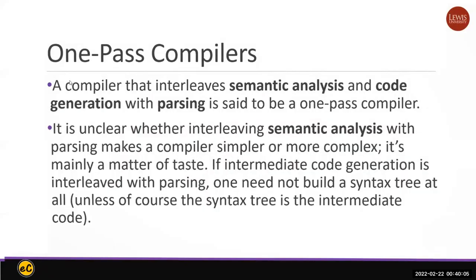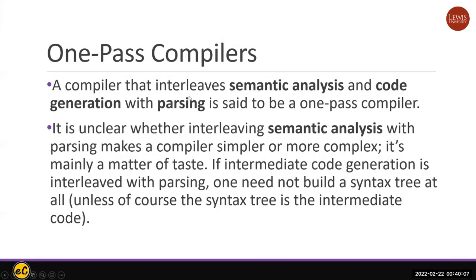A compiler that interleaves semantic analysis and code generation with parsing is said to be a one-pass compiler. So you mix up the tree generation and also the semantic analysis for declarations. We call it a one-pass compiler.